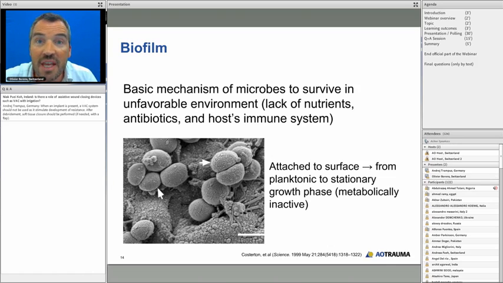They can survive even if there's a lack of nutrition, even if there are antibiotics, and even if the host immune system is active. They are protected in jail, in a slime in which they are metabolically inactive, and our antibiotics cannot attack them.